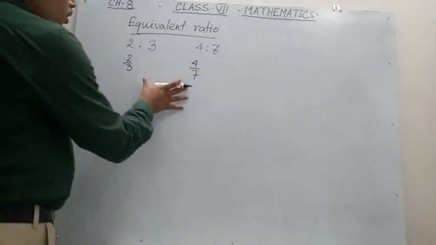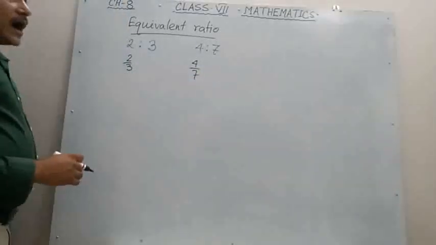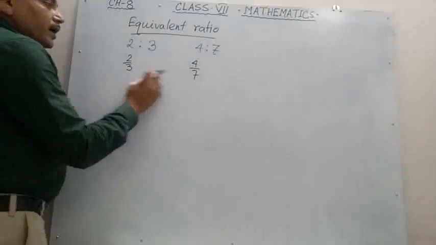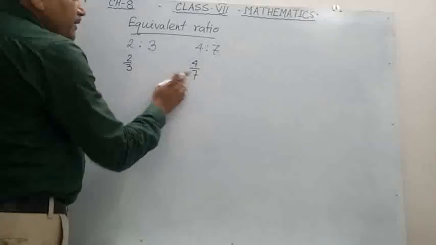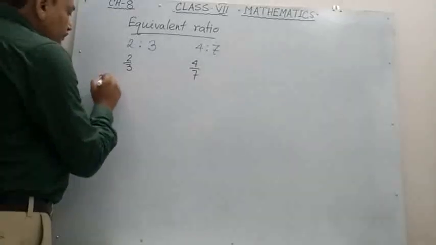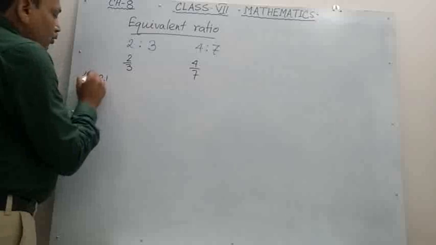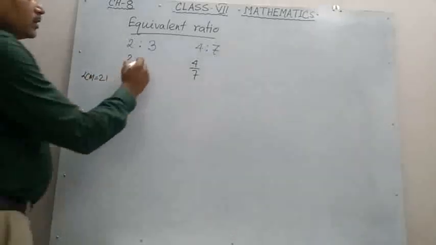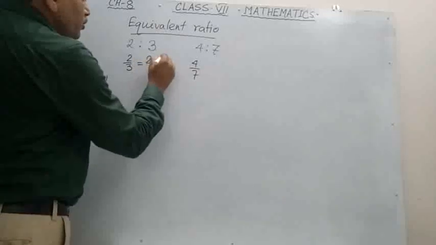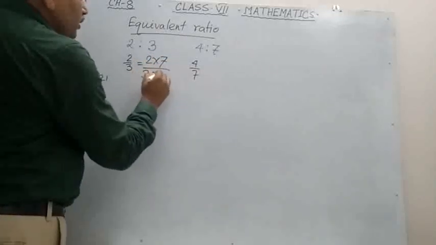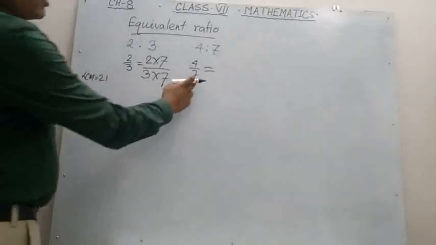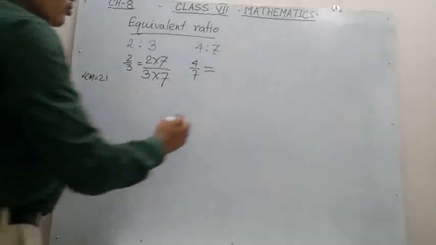Now convert these unlike fractions into like fractions. LCM of 3 and 7 is 21. Now divide 21 by 3, you will get 7. So 2 into 7 by 3 into 7, and if you divide 21 by 7, you will get 3.